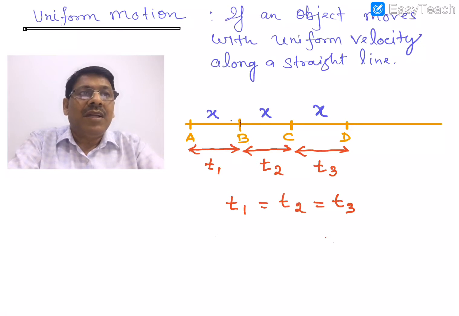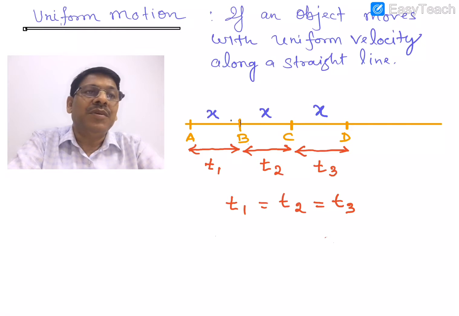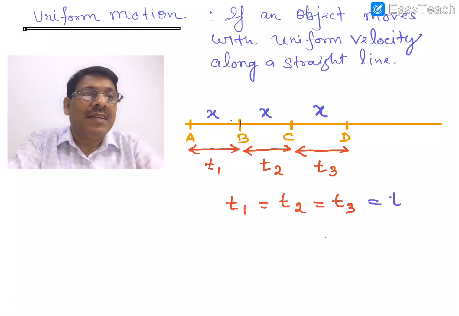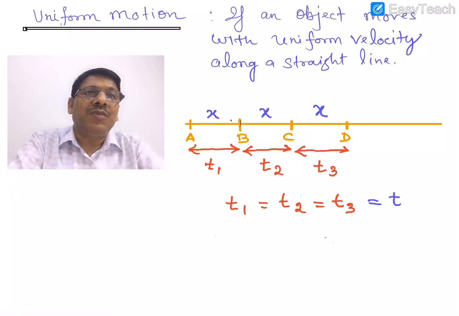A particle or body or object moves from A to B in time interval T1, from B to C in T2, and from C to D in T3, but all these three times are equal, let that be T. Such type of motion of an object is called uniform motion.